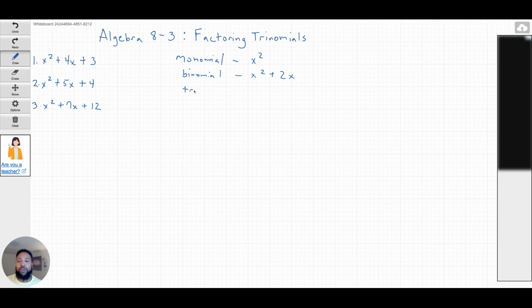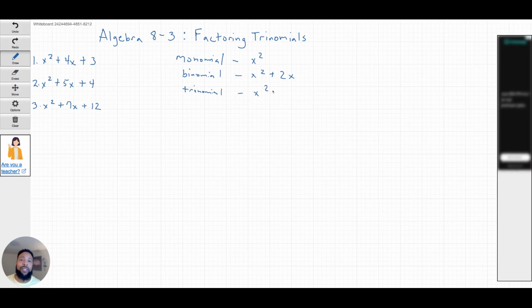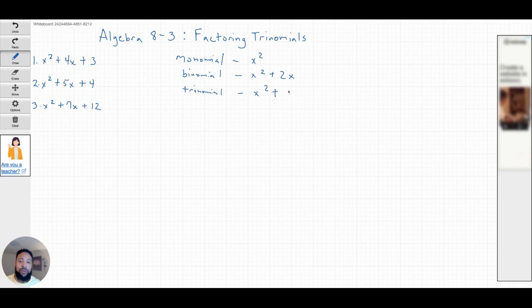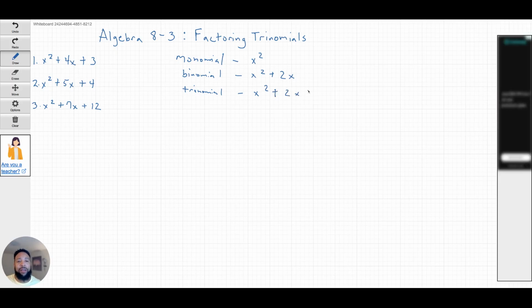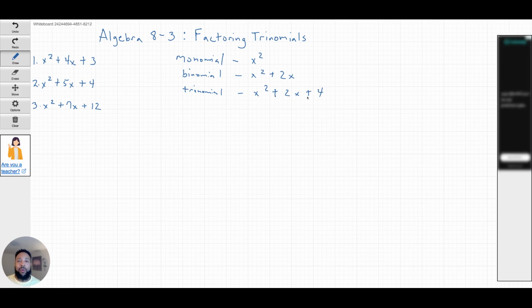What do you think a trinomial is? You guessed it. It's an algebraic expression with three terms. So say we have x squared plus 2x plus 4, something like that. So that is what a trinomial is. Algebraic expression that has three terms.